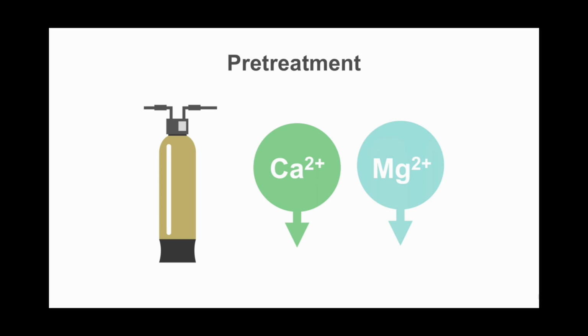The problem with calcium and magnesium is that they may get deposited in the RO membrane and cause blocking or damage of the RO membrane. That will hinder the purification of the water. So here the calcium and magnesium exchange takes place with sodium resin beads.